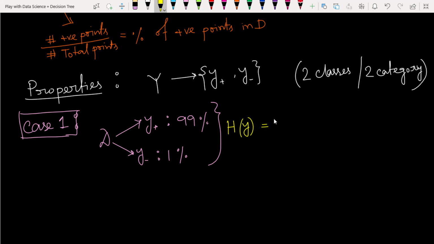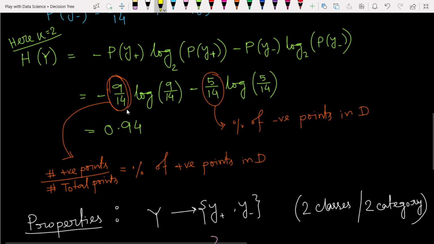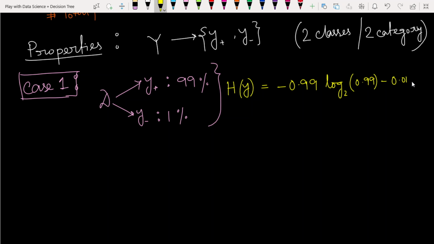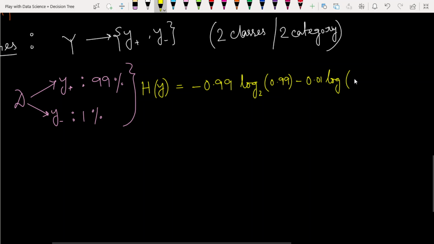Now this entropy value will be minus 0.99, sorry, 99%, so minus 0.99 log to base 2 of 0.99, minus 1%, 0.01 into log of 0.01.